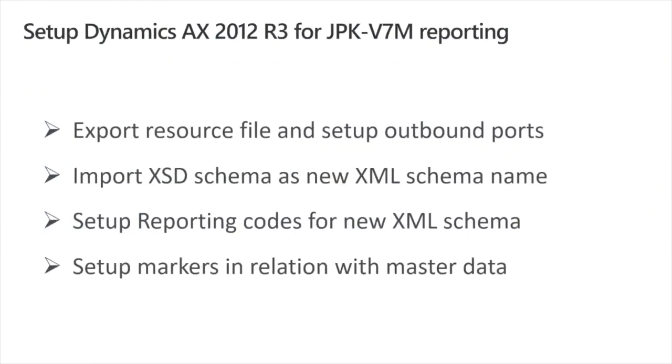First of all, this is an AIF report, which means that the principle of data collecting and its representation in the report is the same as in other JPK Polish reports. And almost all the setup steps are pretty similar to the steps for any other JPK reports in AX.